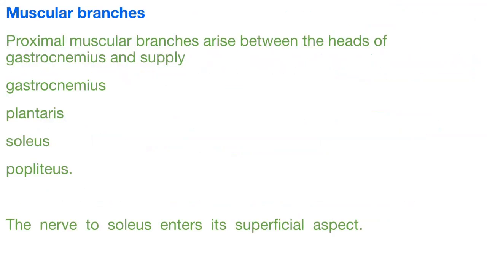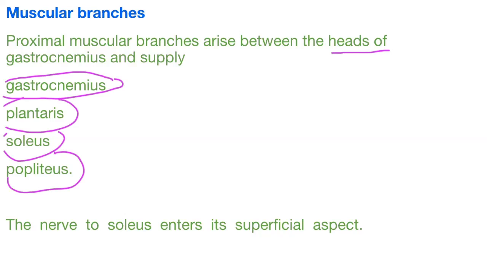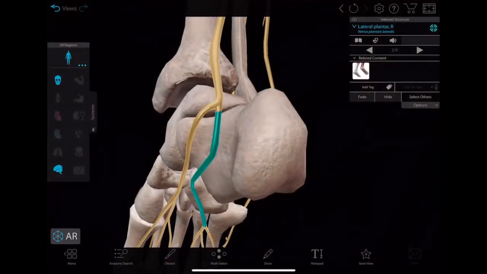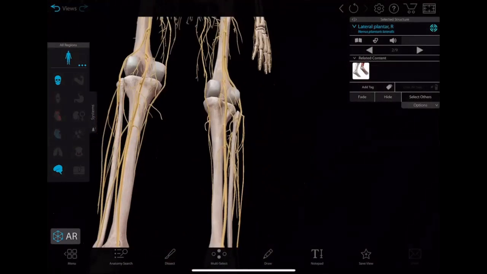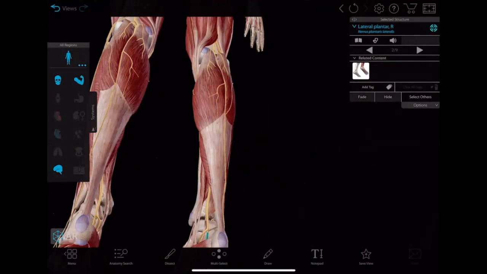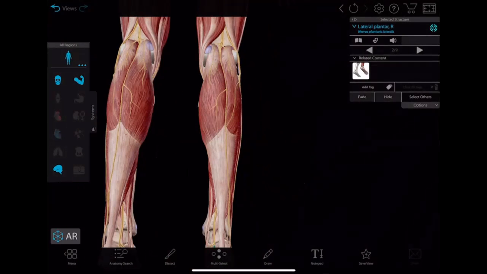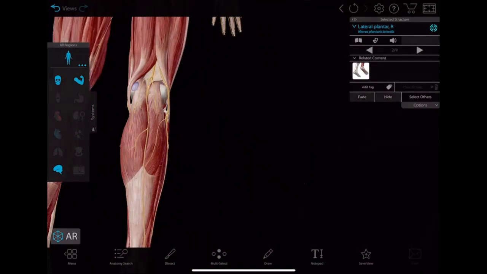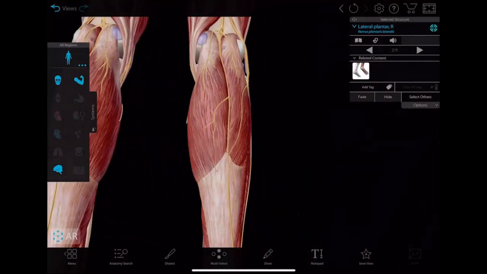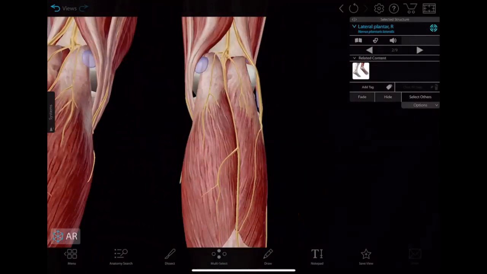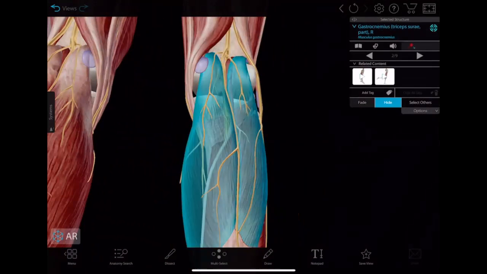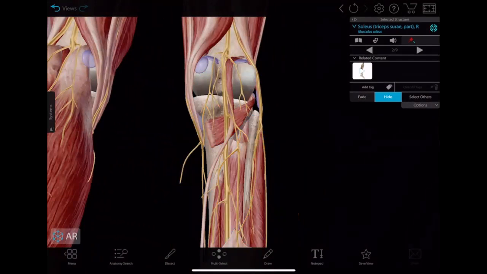Coming to the muscular branches, the proximal muscular branches arise between the heads of the gastrocnemius and supply gastrocnemius, plantaris, soleus, and popliteus. The soleus is entered on its superficial aspect. So you see, if you remember the muscles correctly, this is the gastrocnemius, it supplies that, and this is the soleus, it supplies that, right?